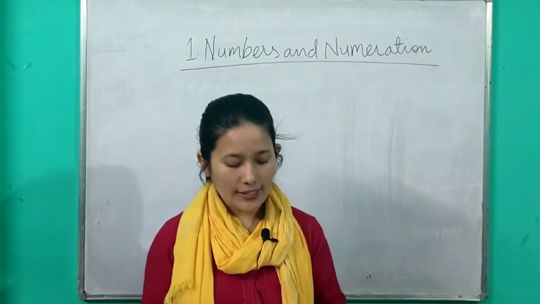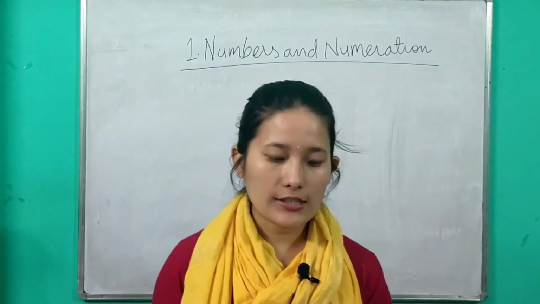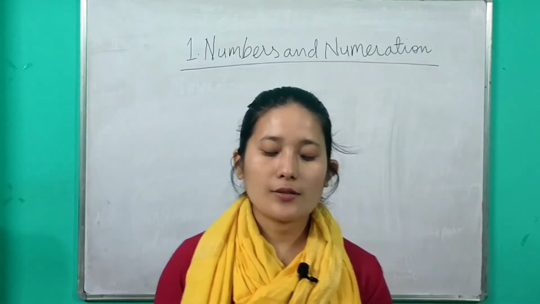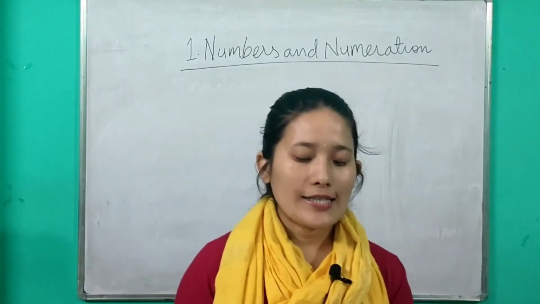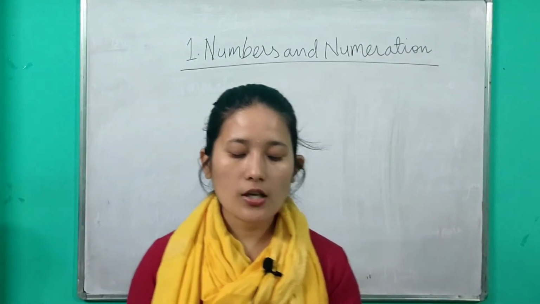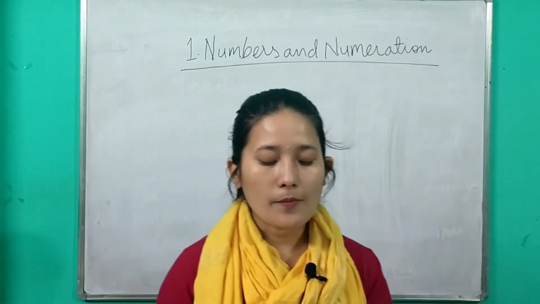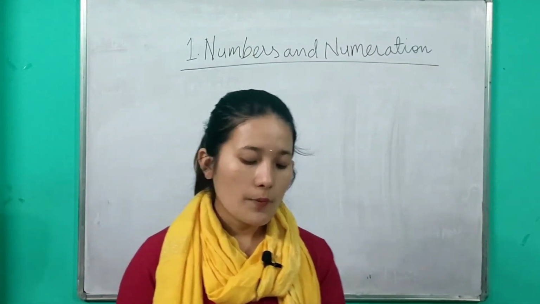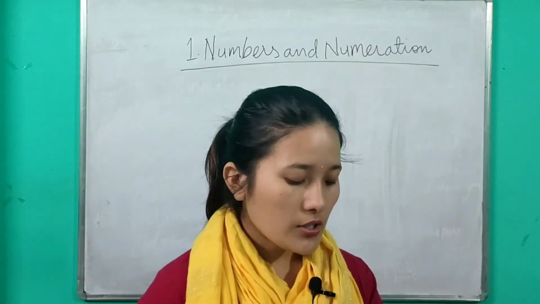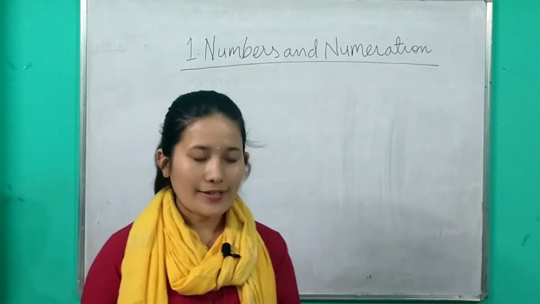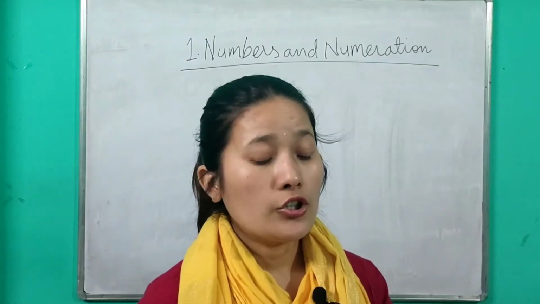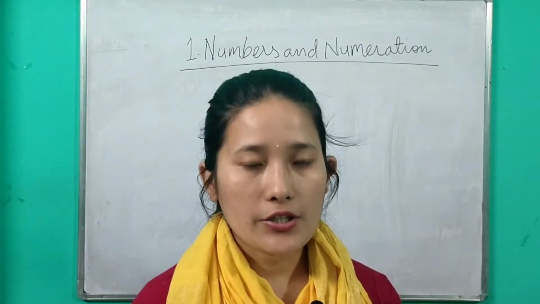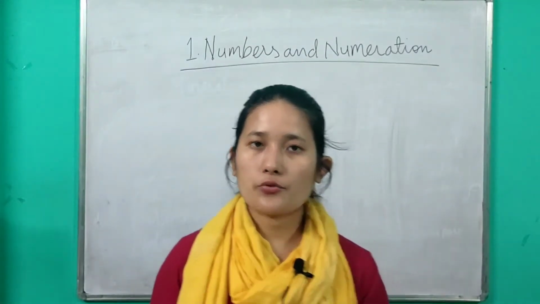If you go to the contents, you have about 16 chapters, starting from numbers and numeration, four basic operations, playing with numbers, fractions, decimals, negative numbers and integers, geometry, symmetry and nets, measurement of length, weight and capacity, money, time and temperature, perimeter, area and volume, average, percentage, data handling, patterns, right? The distribution of chapters as per your examination mode and the syllabus will be given later on.